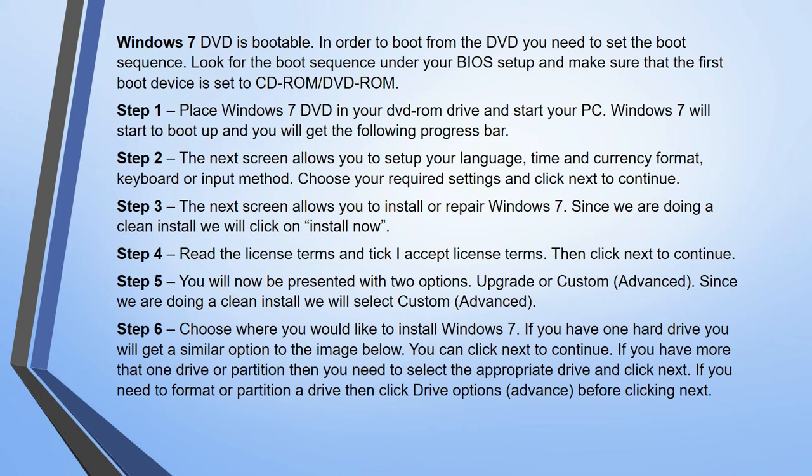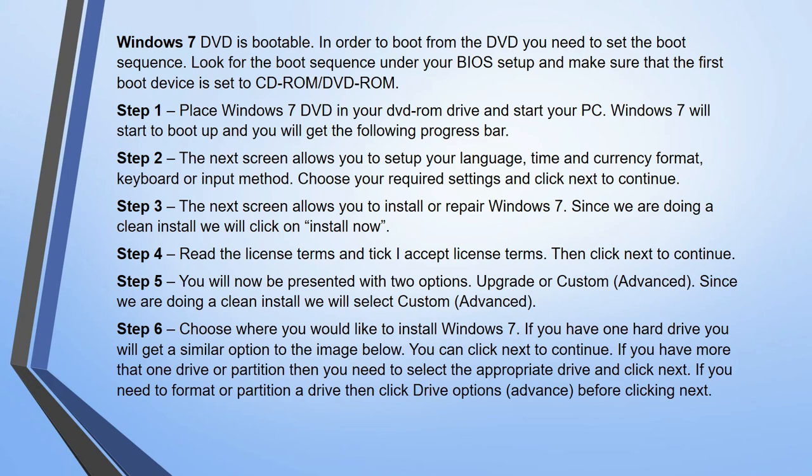First, the Windows 7 DVD is a bootable DVD. In order to boot from the DVD, you need to set the boot sequence, then go for the installation of Windows. Look for the boot sequence under your BIOS setup and make sure that the first boot device is set to CD-ROM or DVD-ROM.